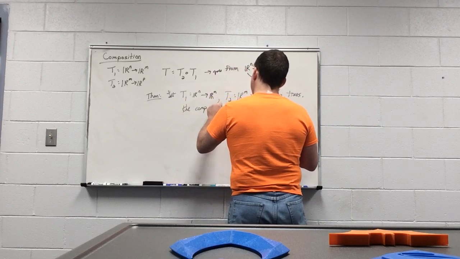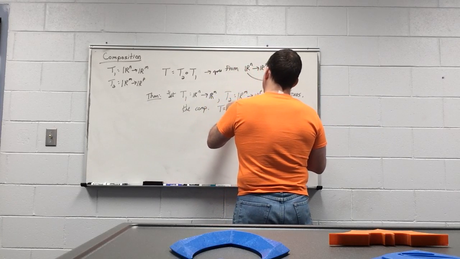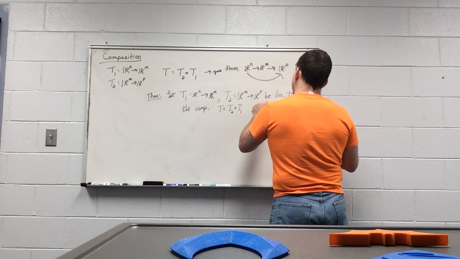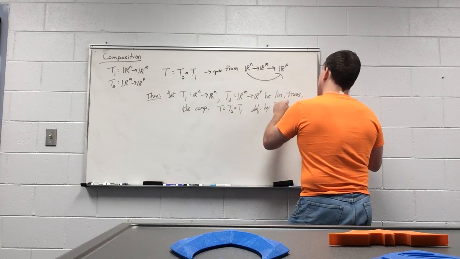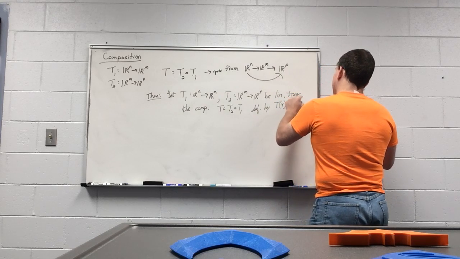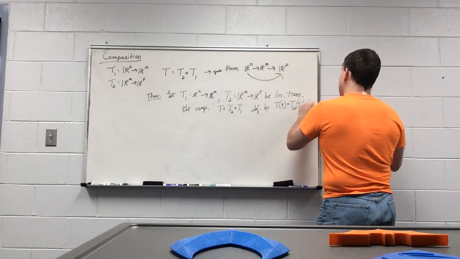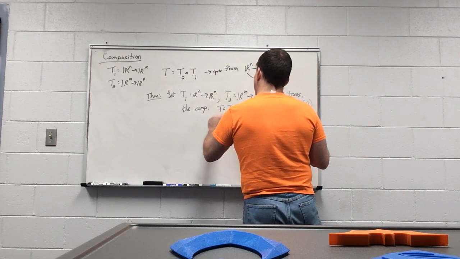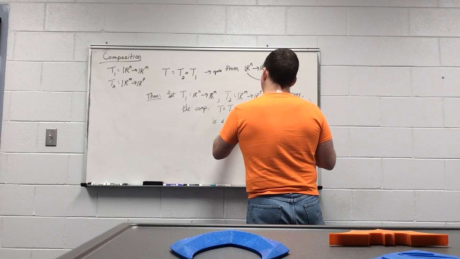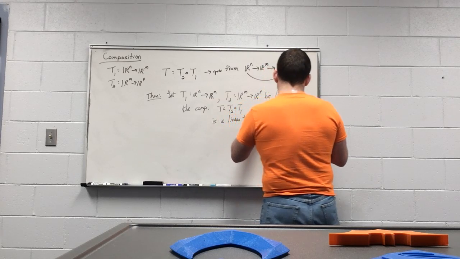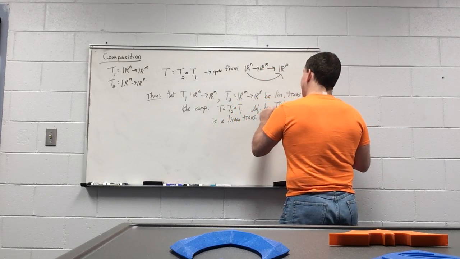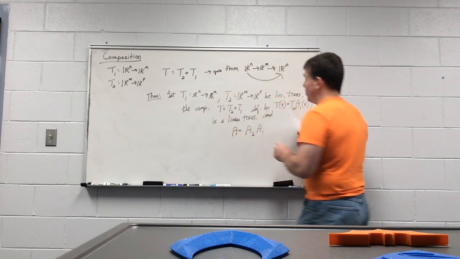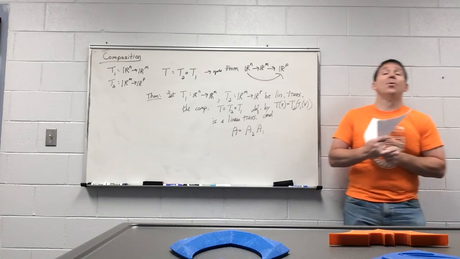The composition T equal to T sub 2 composed with T sub 1, defined by T of V is T sub 2 of T sub 1 of V, our regular algebraic way of writing out my composition, is a linear transformation, and the standard matrix A is equal to A sub 2 times A sub 1.